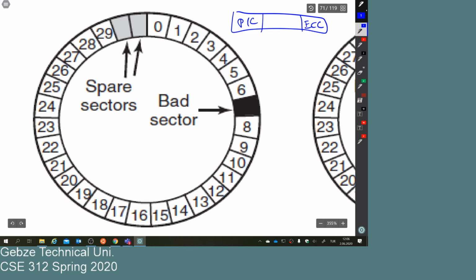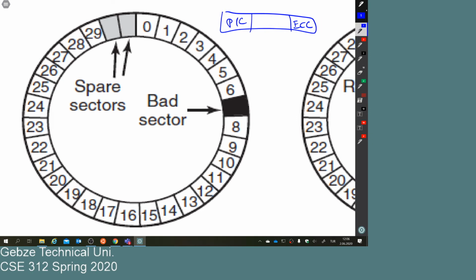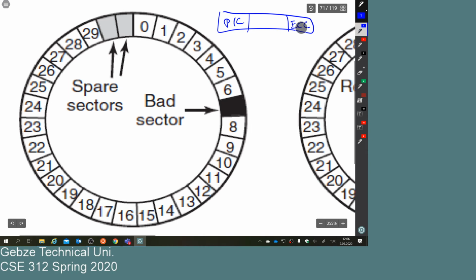You read the data from the sector, you calculate your ECC, you read your ECC from the sector and compare them. If they are different, that means that the data that you had written and that you are reading are different. So if this is the case, you rewrite your data to see if the ECC are matching. If not, that means that sector is bad. It doesn't hold the data.